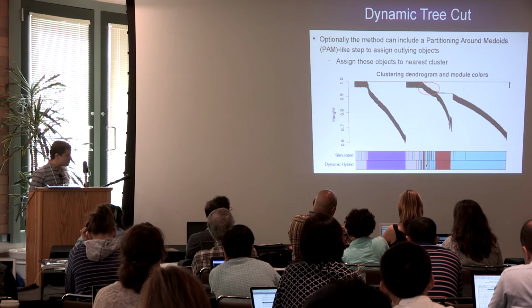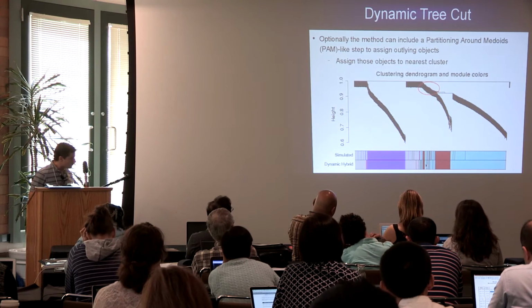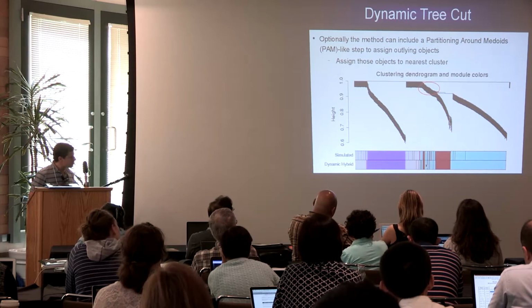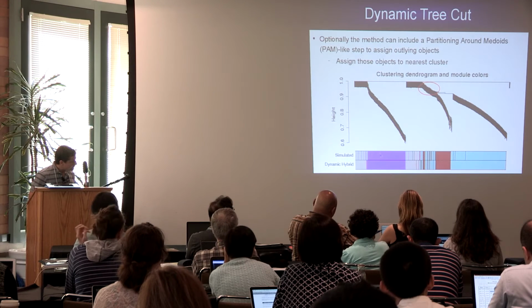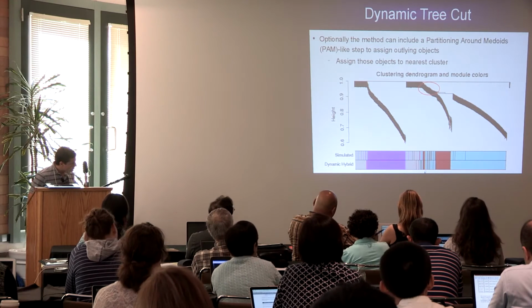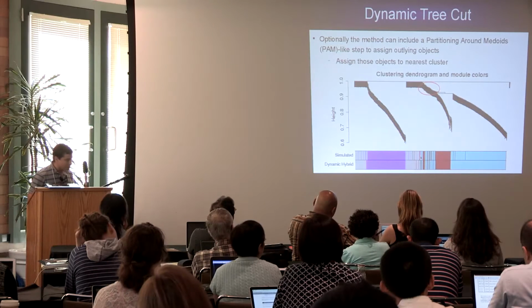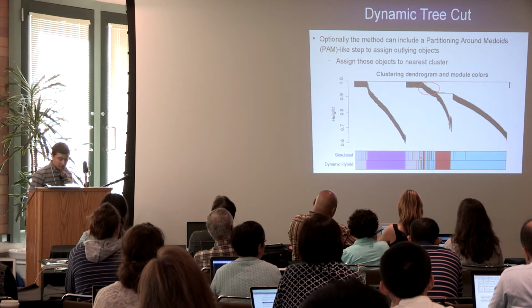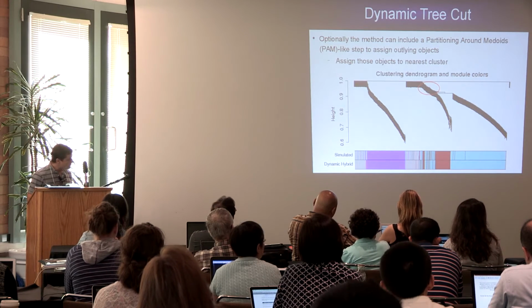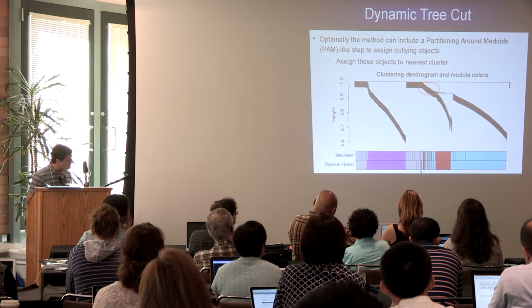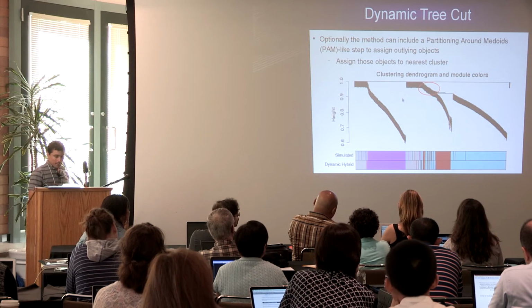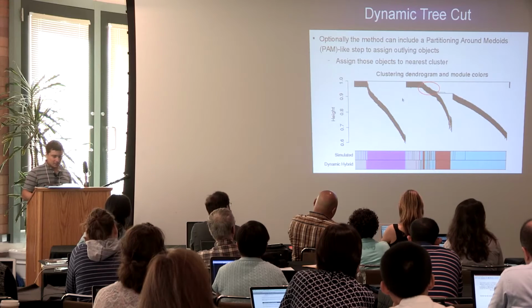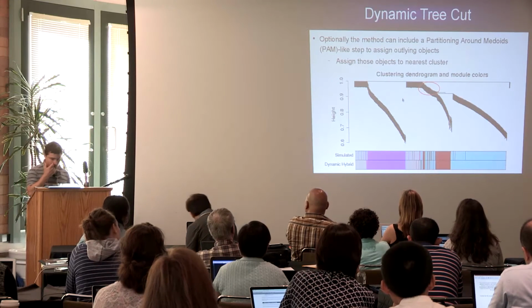which looks surprising, and a lot of people are uncomfortable with this. But the way I simulated the data, the function actually gets the simulated assignment pretty well. It's not perfect, but it is a pretty good correspondence between the colors here and the colors here. So it is an optional step, but it works pretty well.